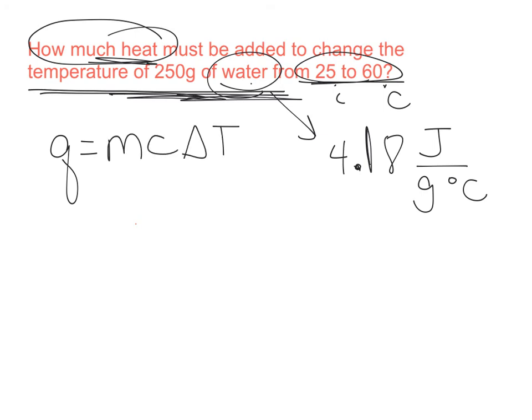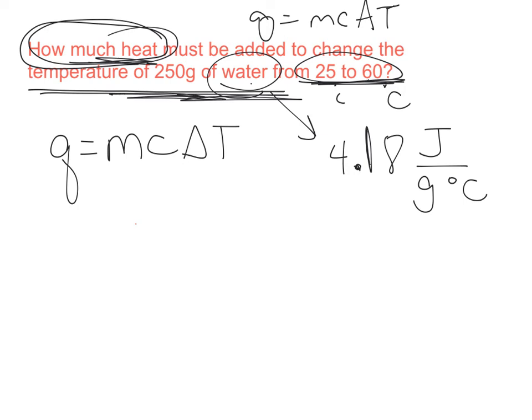That's what we're going to call our specific heat equation. We call it MCAT because it looks like MCAT. I just did this with my regular chemistry classes. MCAT, see, CAT, with the delta. That's a way to remember it. When something asks for how much heat or energy is needed and it gives you a temperature change, you're going to use this equation.